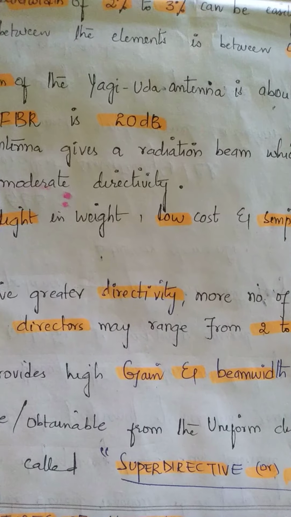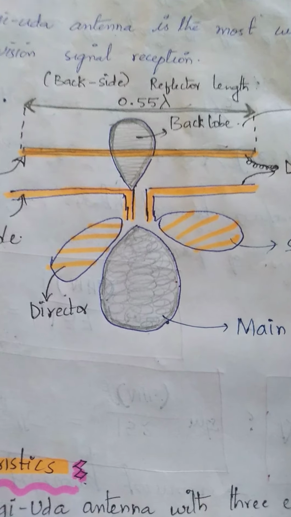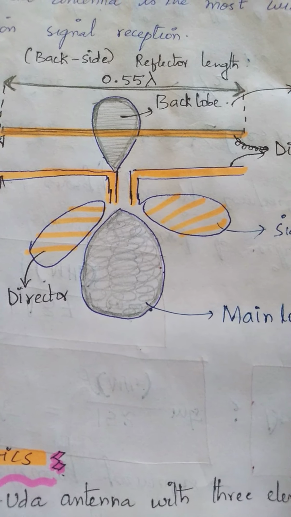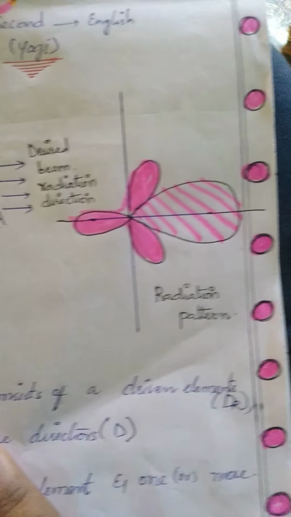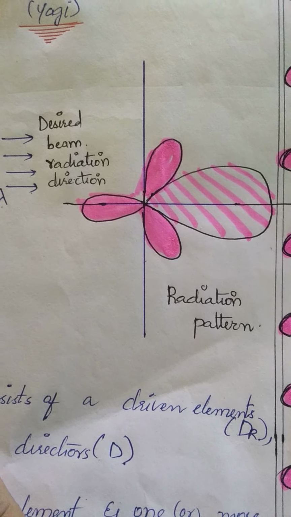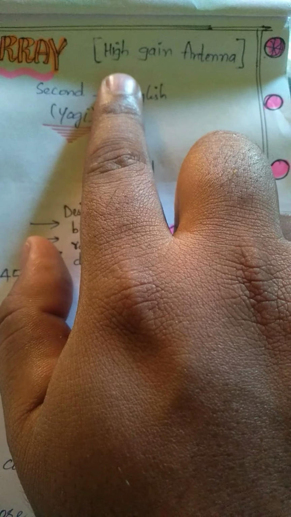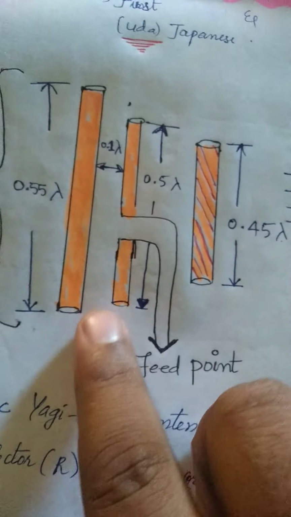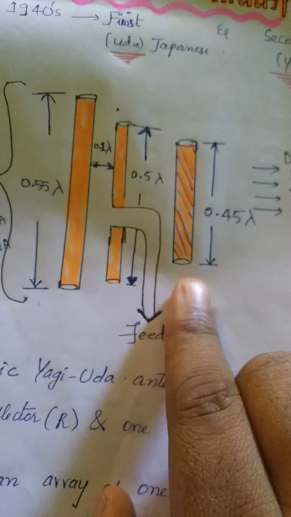So this is about the complete Yagi-Uda antenna, its back end, how the back end is going to be obtained, its complete array and its radiation pattern. Hence we can conclude that the Yagi-Uda array can be considered a high gain antenna because we can add directors, from 2 to a maximum of 40.